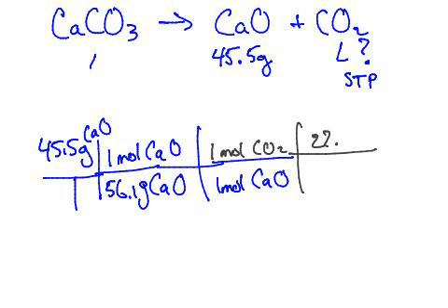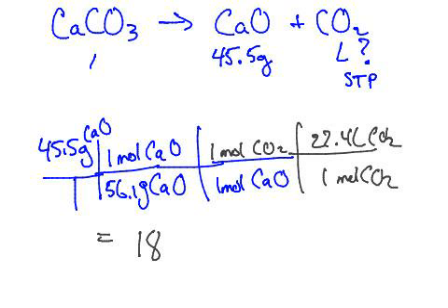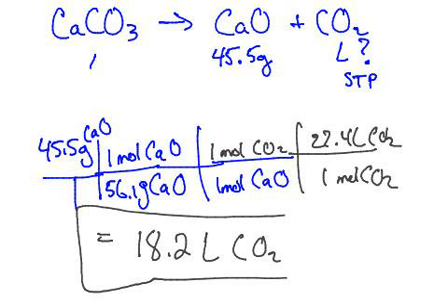And then 22.4 liters of CO2 to 1 mole of CO2. When you get the math, it comes out to be 18.2 liters of CO2. So probably we overdid that one.